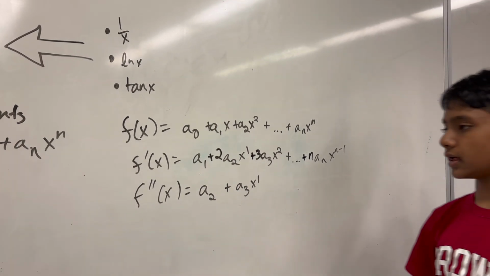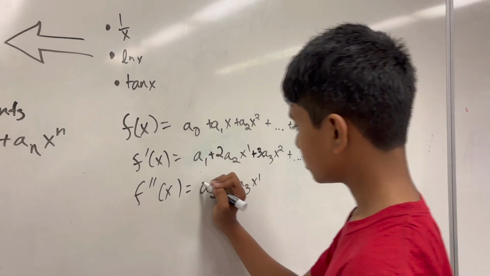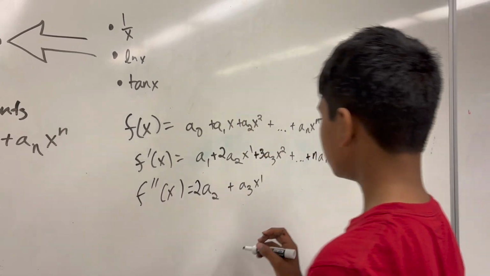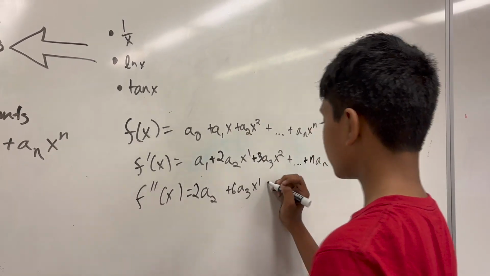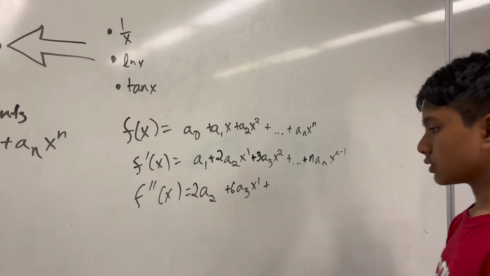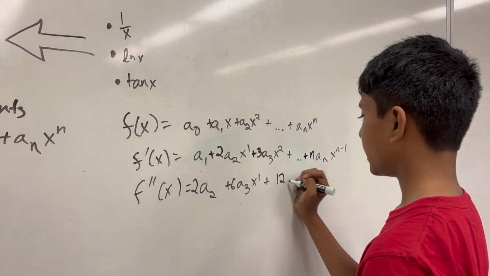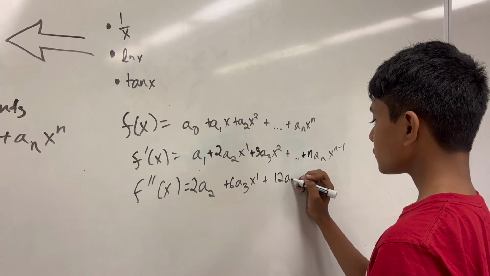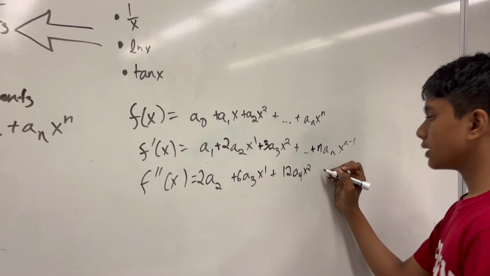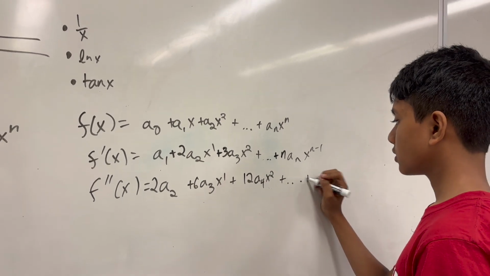Okay, so then we have 2a2 plus, once you take the derivative here, it's 6a3. Once you take the derivative for 4 and then do it again, you get 12a4, and so on and so forth.